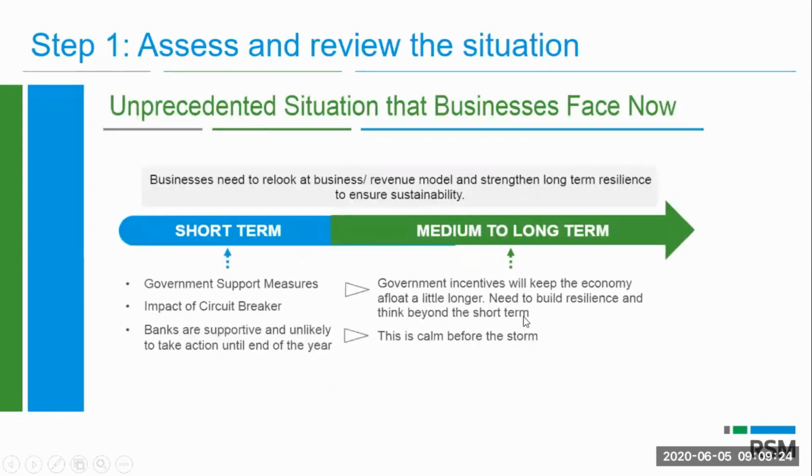So when we look at the assessment and the review of your situation, you need to look at it in various stages. As I mentioned, in your short term, you need to relook at your business model and your revenue model. Is it strong from a long-term resilience standpoint? Is it sustainable? Or what changes actually need to be made to your revenue model? Does your revenue model now need to change?